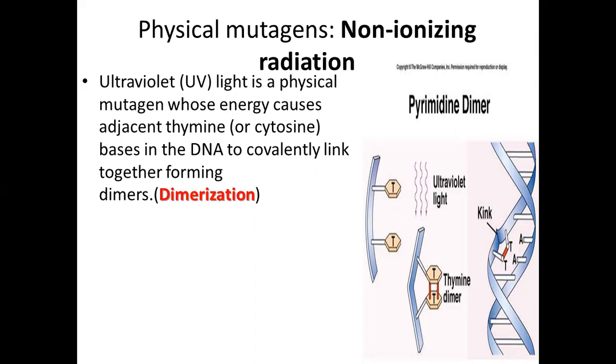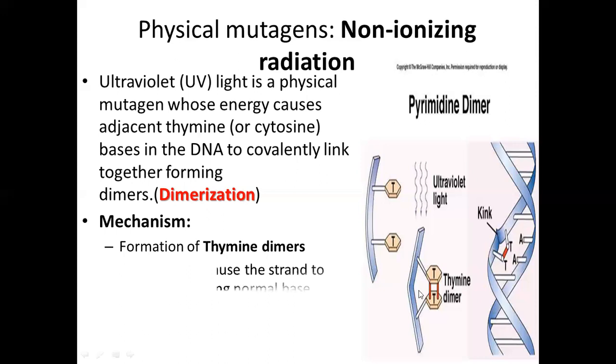The energy of UV light, a physical mutagen, causes adjacent thymine or cytosine bases in the DNA to covalently link together, forming a dimer. This process is known as dimerization. In the case of thymine, as depicted there, there will be formation of thymine dimers.